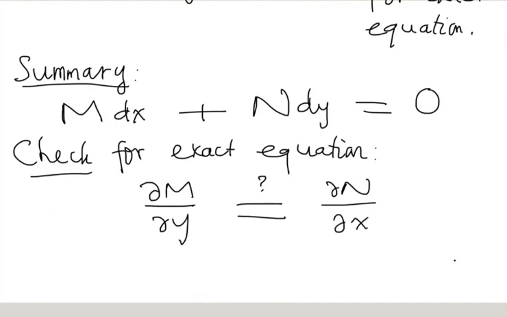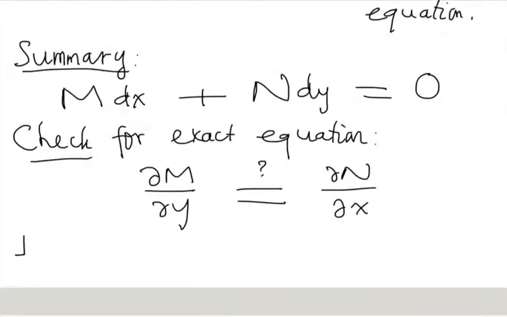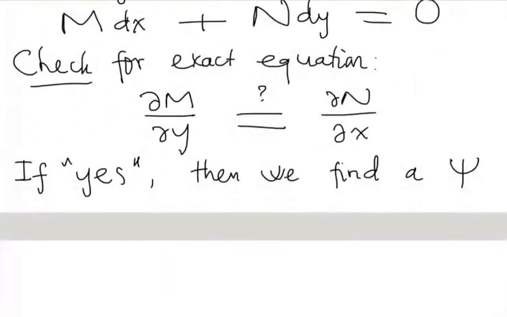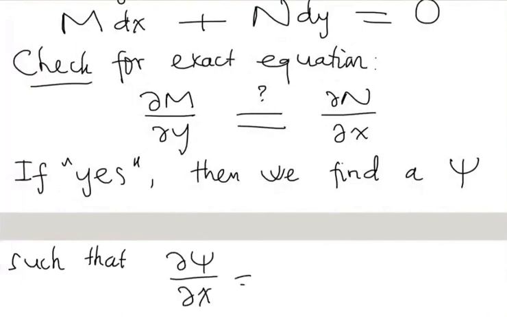If they're the same, then the equation is exact. If they're not the same, the equation is not exact. If yes, meaning that the equation is exact, then we find a function psi such that partial psi partial x is m and partial psi partial y equals n.